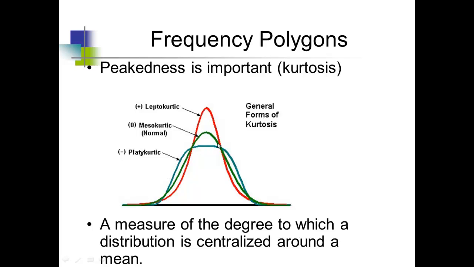I think it gets its name from the duck-billed platypus. Okay, not really, but it has that sort of platy shape, wider at the top, like so. And then there's leptokurtic, which has a taller, skinnier top, and those are distributions that have kurtosis scores of greater than 3.0. Essentially, this is just a measure of the degree to which the distribution is centralized around a single mean. How clumped are the observations around a mean?